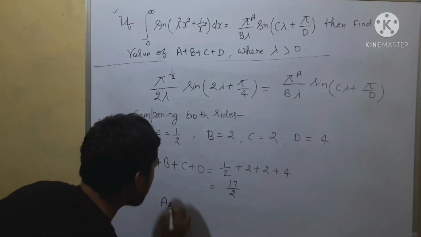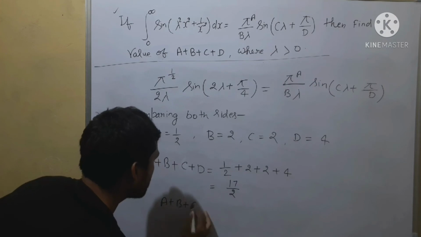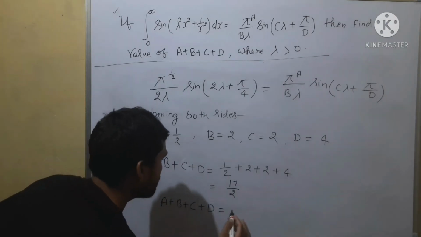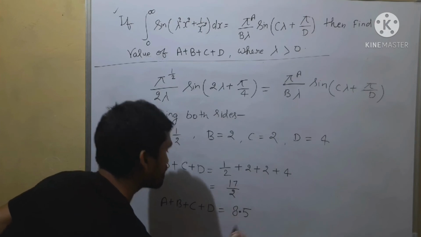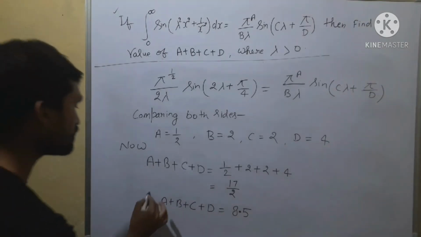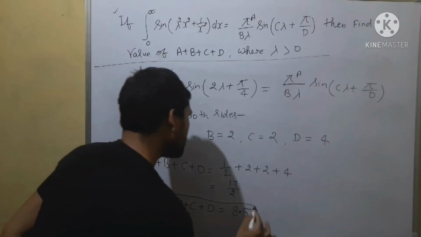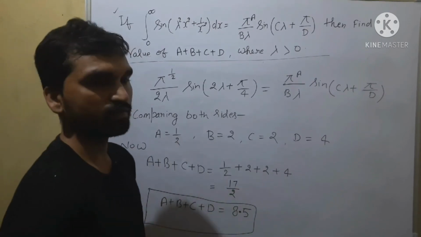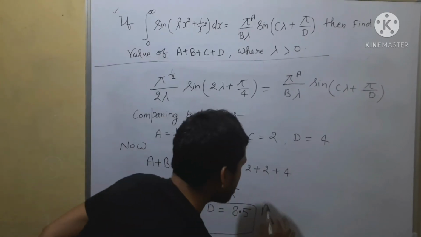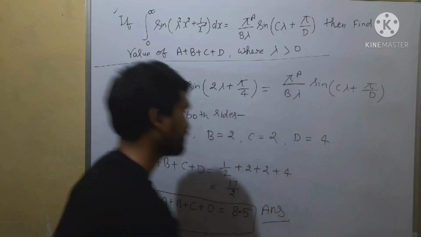We can simplify this, that will be 8.5. So our final answer is what? 8.5 or 17 by 2. So it is our final answer.